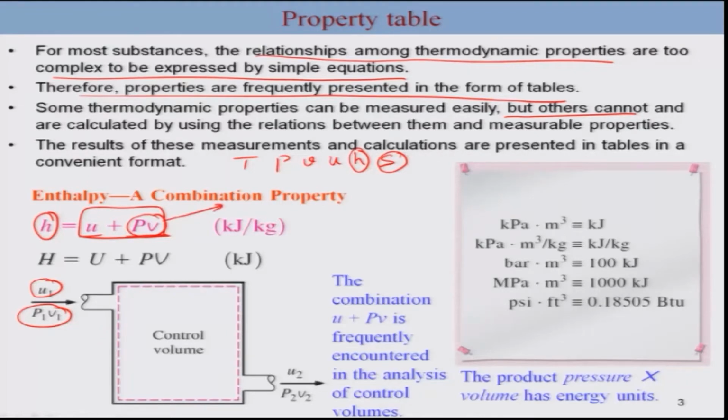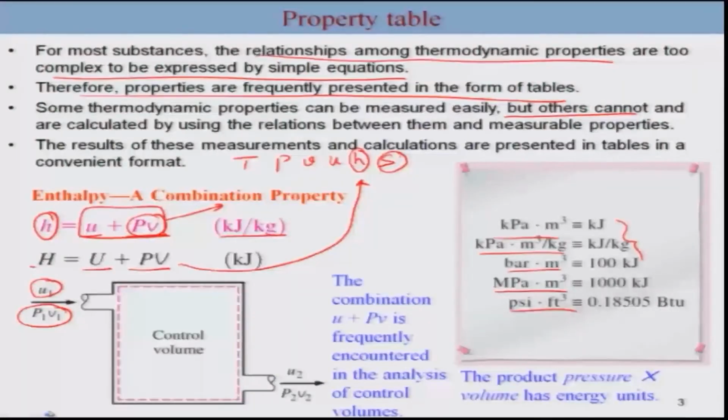This is nothing but flow energy, and that's what the different units give you. For per unit mass, this will be the unit, and for the case of total enthalpy, it will be simply the total internal energy plus the PV term. Okay, so this is included in your tables to help you solve the problems much more easily. Otherwise, you would have to always calculate the PV term also. So this is something which we are going to make use of in our calculations.